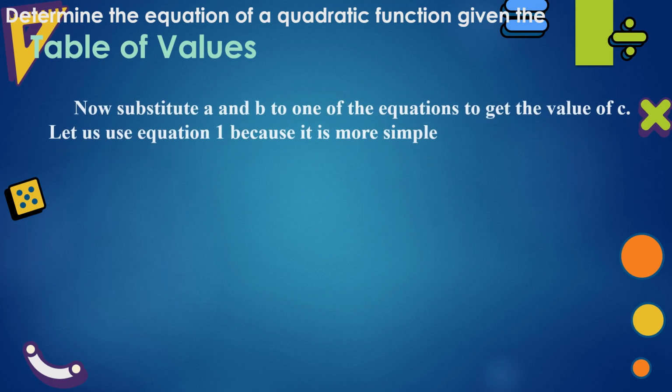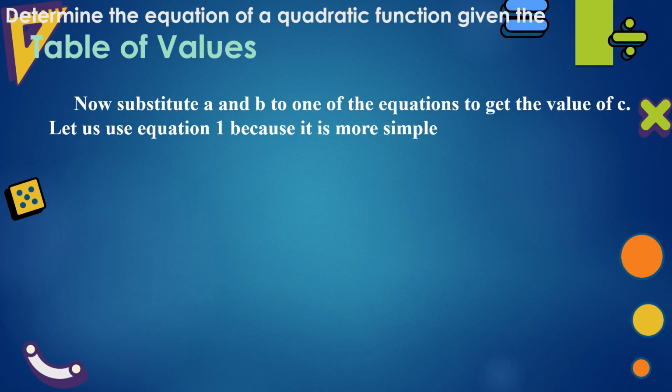Now substitute a and b to one of the equations to get the value of c. Let us use equation 1 because it's simpler. Negative 6 is equal to a plus b plus c. Substitute 3 to a and 2 to b.